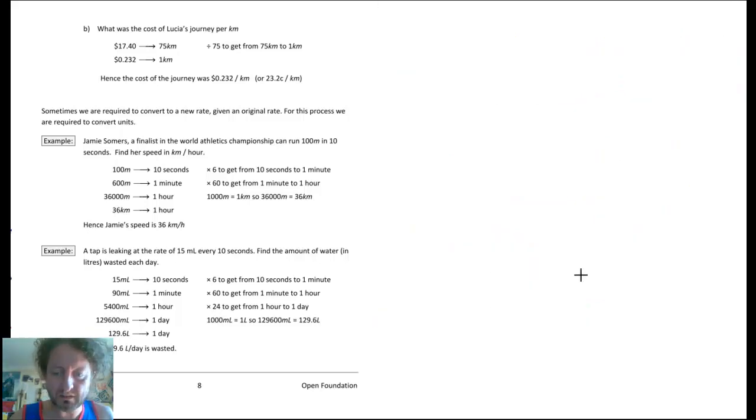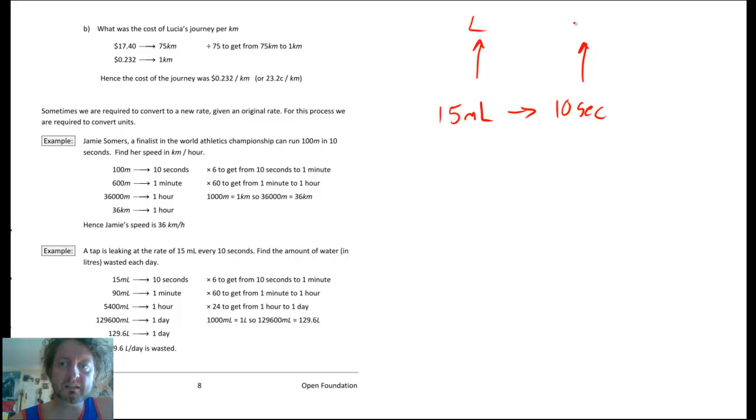Thank you. The next one says a tap is leaking at the rate of 15 millilitres every 10 seconds. Find the amount of water in litres wasted each day. So I want to get the mils to litres, and I want to get 10 seconds to a day. Again, I could convert 15 mils to litres and call it 0.015 litres, but no, I'd rather go the other one instead.